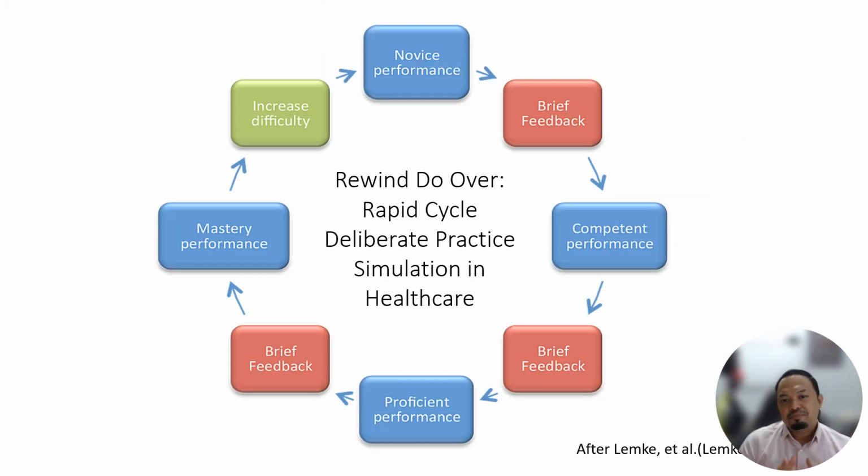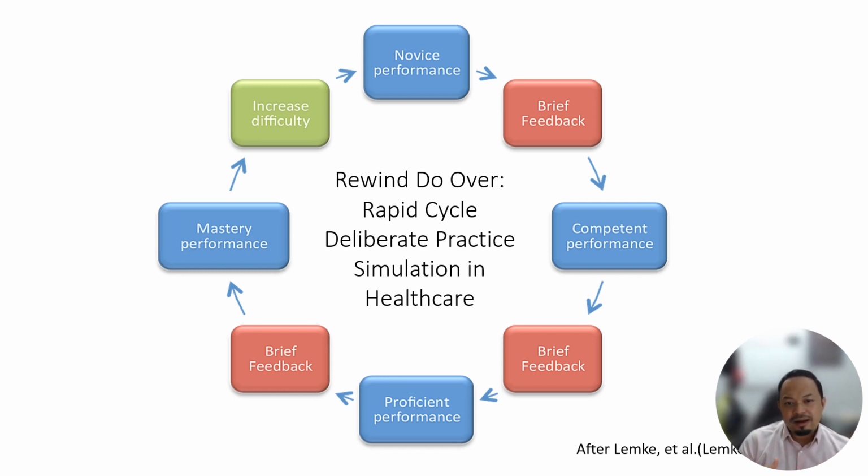So in simple words, how to perform RCDP? Basically, you're splitting simulation cases into a few segments. You give them feedback or micro debriefing, then you rewind and they try again.